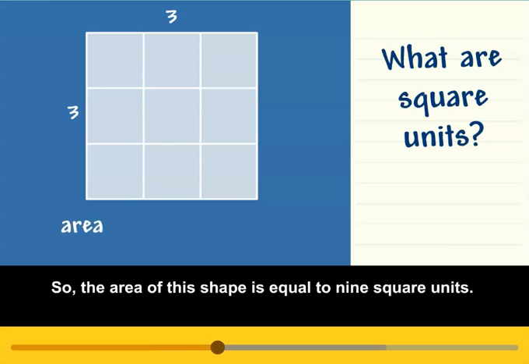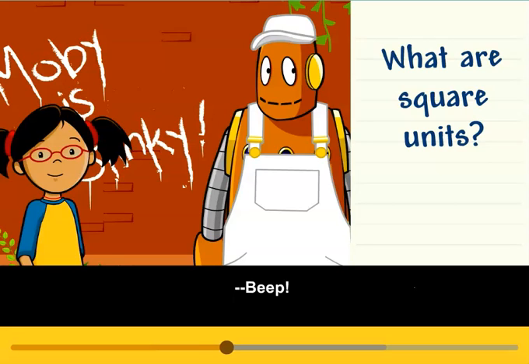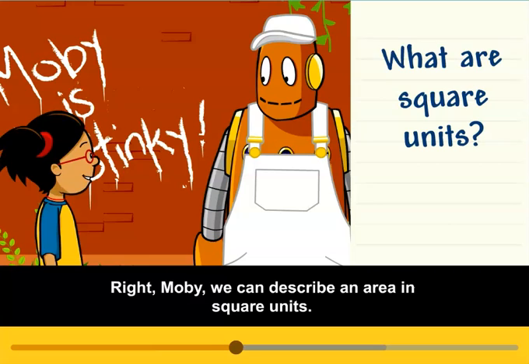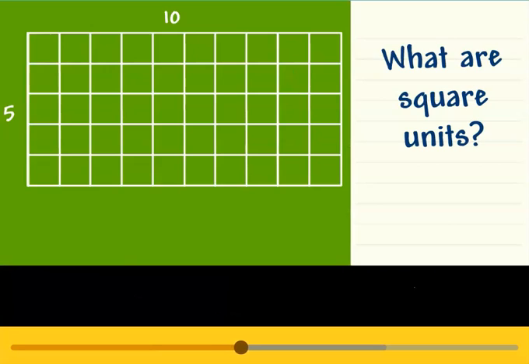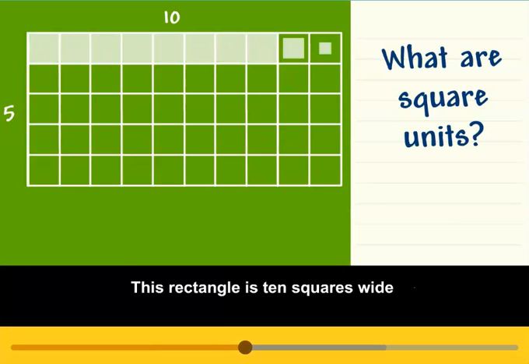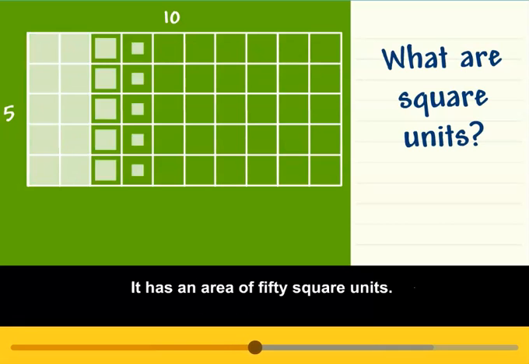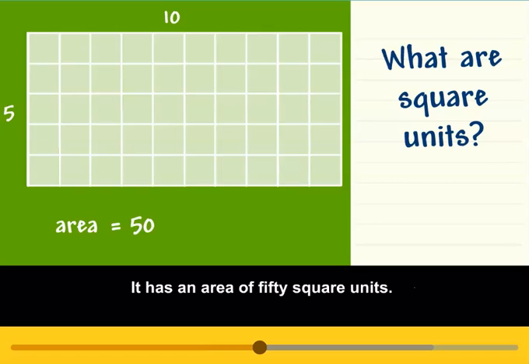So the area of this shape is equal to 9 square units. Right, Moby, we can describe an area in square units. This rectangle is 10 squares wide and 5 squares tall. It has an area of 50 square units.